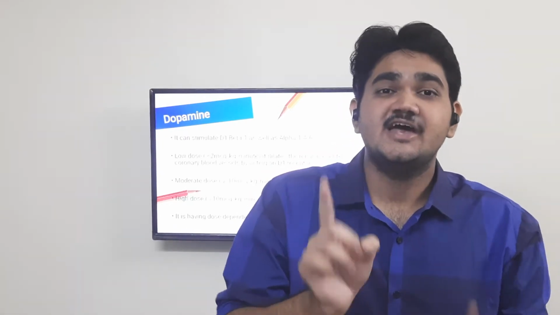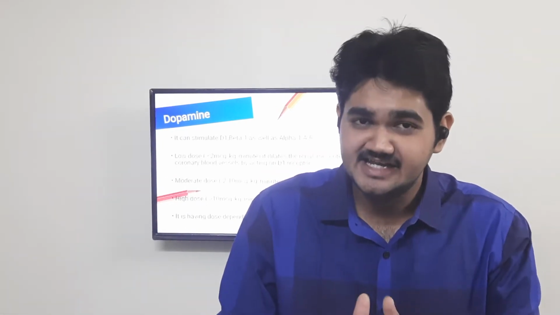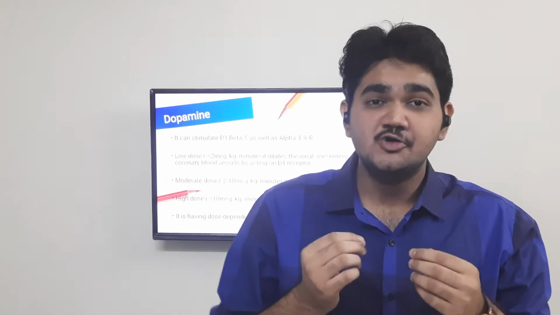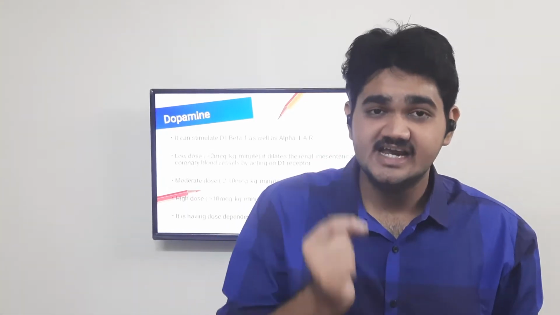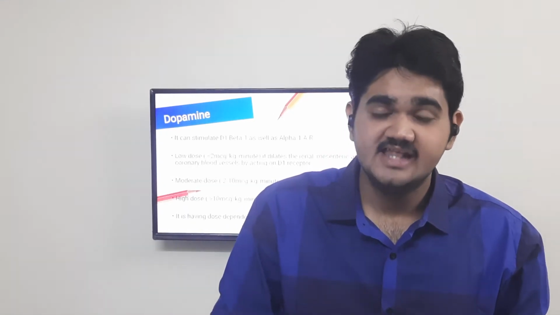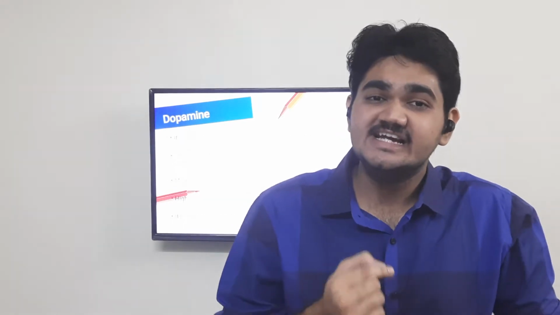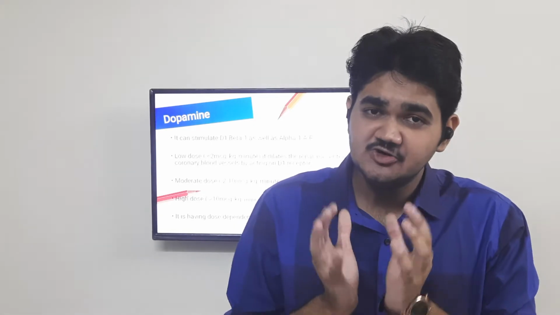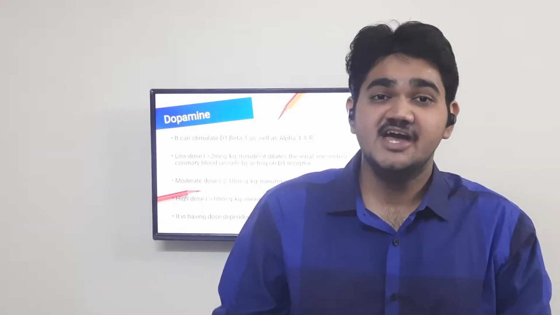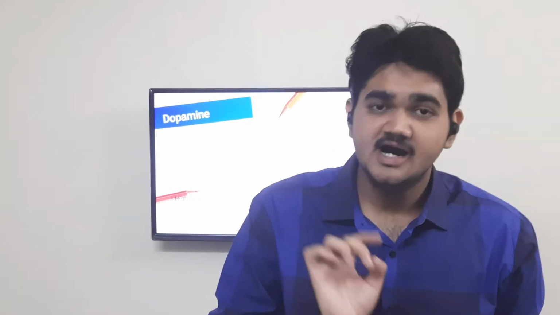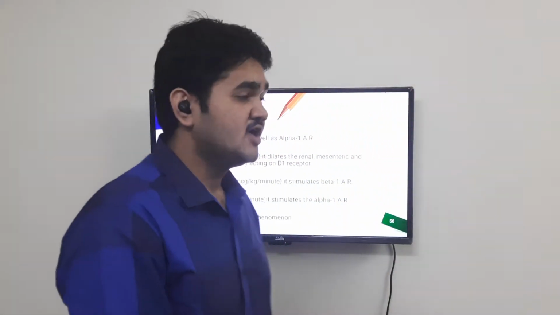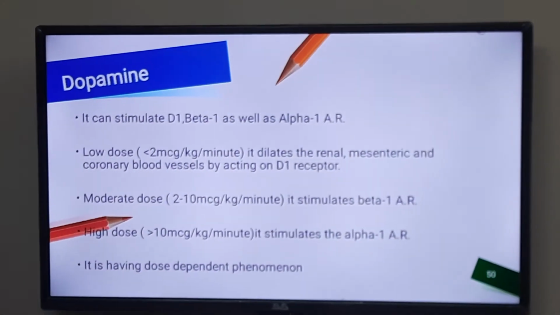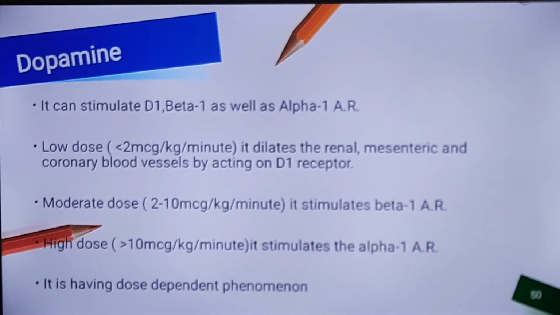More blood can go to our kidney and our glomerular filtration rate will increase, and thus there will be increase in urine output. Now, what is the use of increasing this urine output? जब हम therapeutic use of dopamine discuss करेंगे, at that time I will tell you.